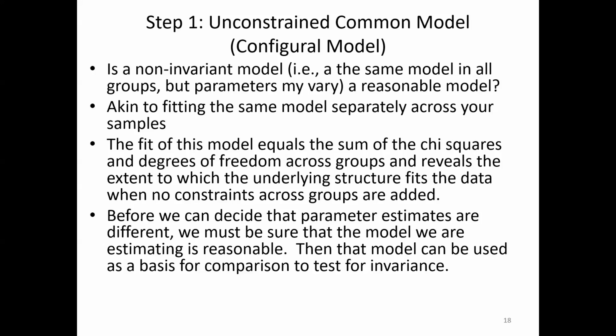You could sum the chi-squares and the degrees of freedom from those two separate models, and that is going to give you the chi-square and degrees of freedom for this model. You're not separately estimating the two models, you're jointly estimating them, but as unconstrained as they can be. So it's basically the same as if you were to literally run it separately for the two groups.